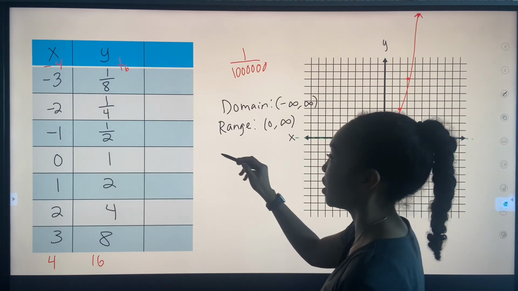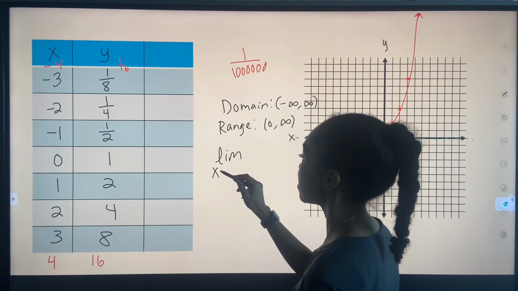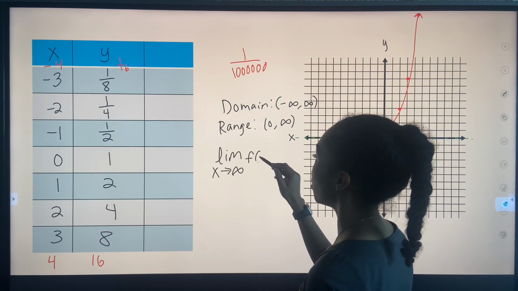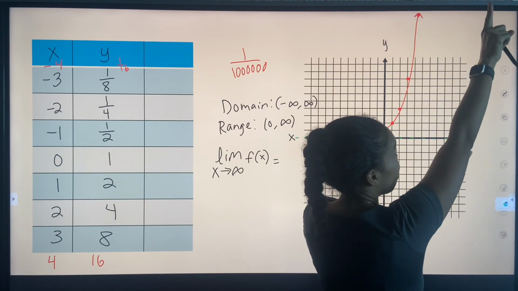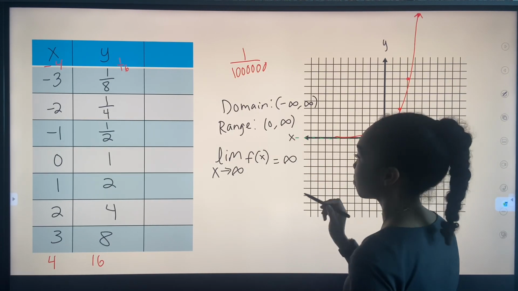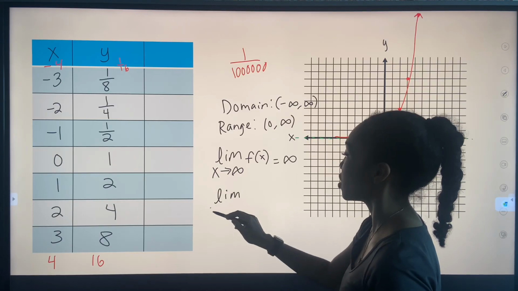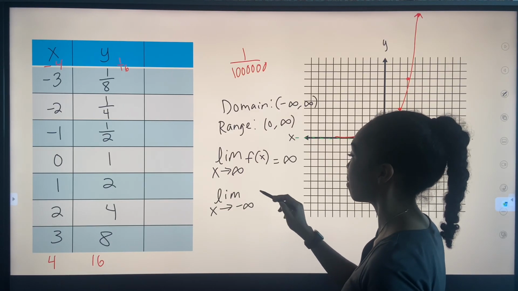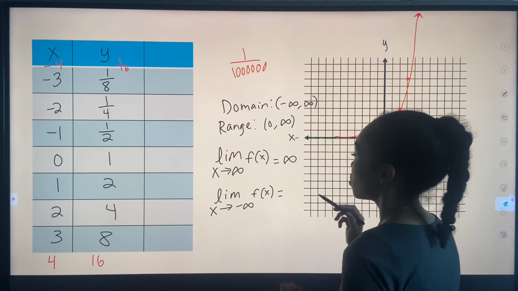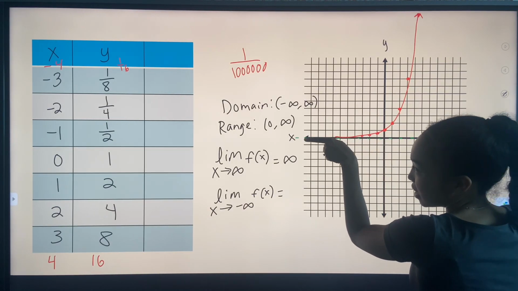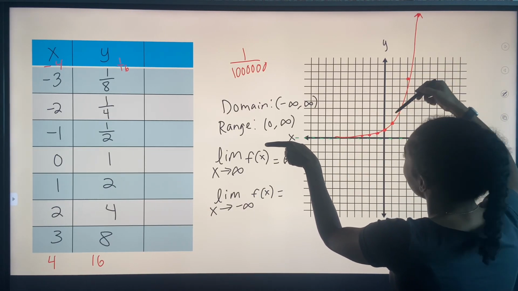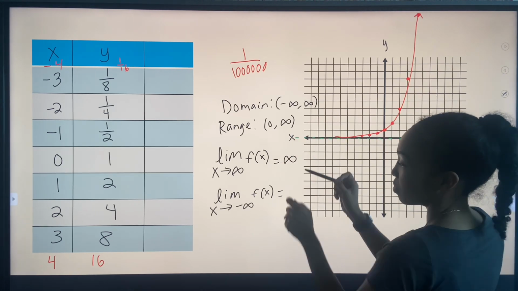If you're talking about end behavior, as x goes to infinity, your function, so as you move this way to the right, your function is going up. So that's infinity. The limit as your graph goes to the left. So as the x values go to the negative side, as x values go to negative infinity, your graph is getting closer and closer to 0.